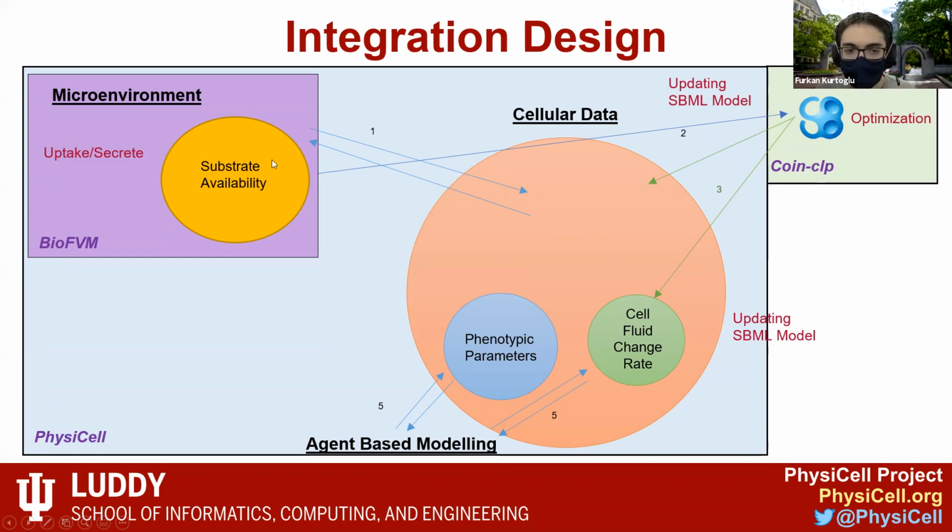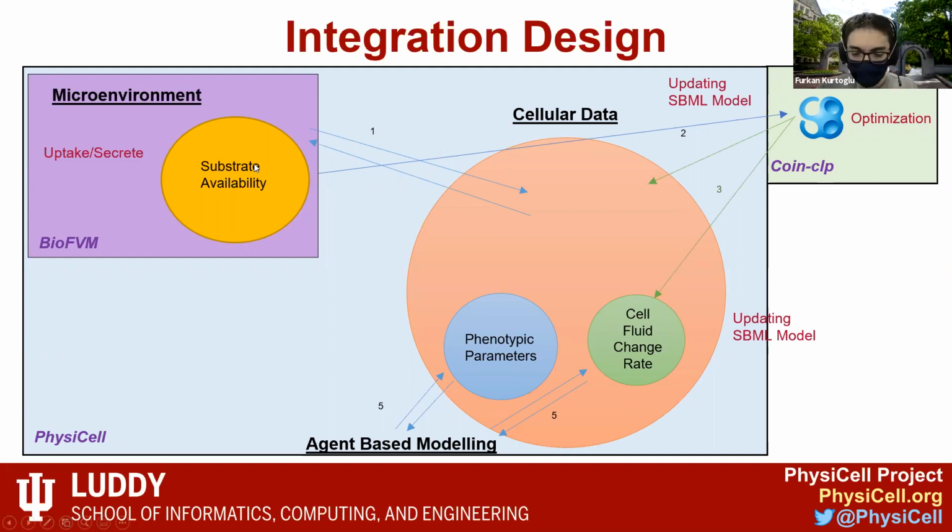They are just looking for the available substrate in that voxel, and if it is available, then they are not constraining that transfer reaction flux. If, let's say, glucose is depleted from the microenvironment, then the glucose transfer reaction flux cannot be higher than some values.